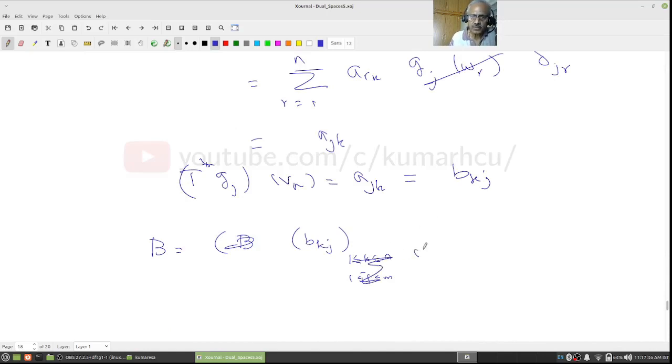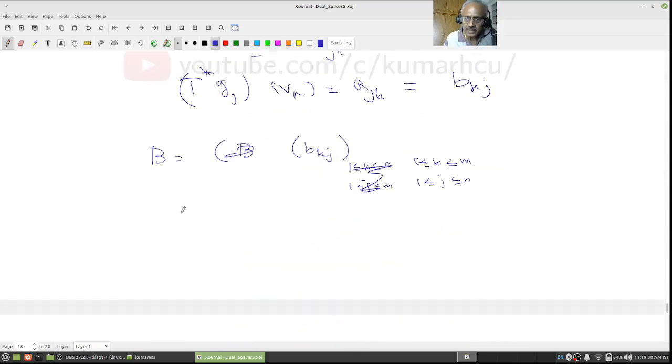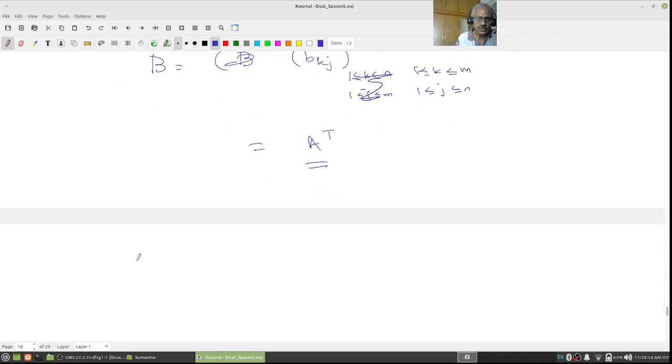So 1 less than or equal to k less than or equal to M, and 1 less than or equal to j less than or equal to N, because k comes from Vk, and Vk is a basis of V, and the dimension of V is M. K runs from 1 to M, okay? But this matrix is nothing other than the matrix A transpose. Because Bkj is nothing but Ajk.